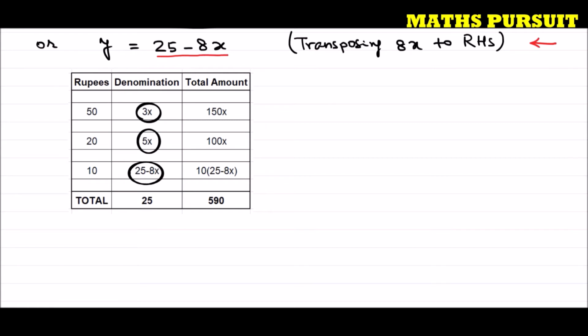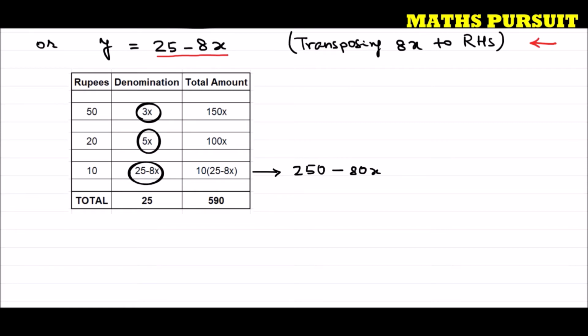Hope guys till here I am very clear. So now the updated tabular form looks like this. Now let me solve this one. Here it is 10 into 25, so that is 250 minus 80x. This is what we got.